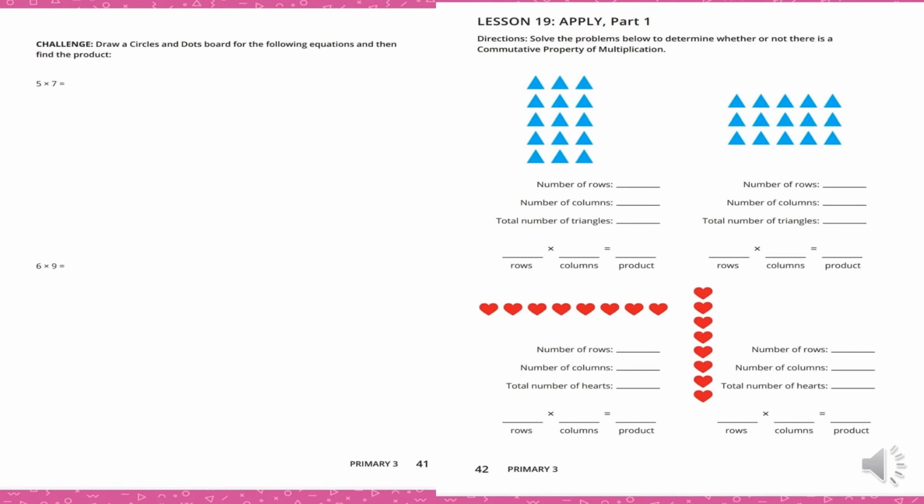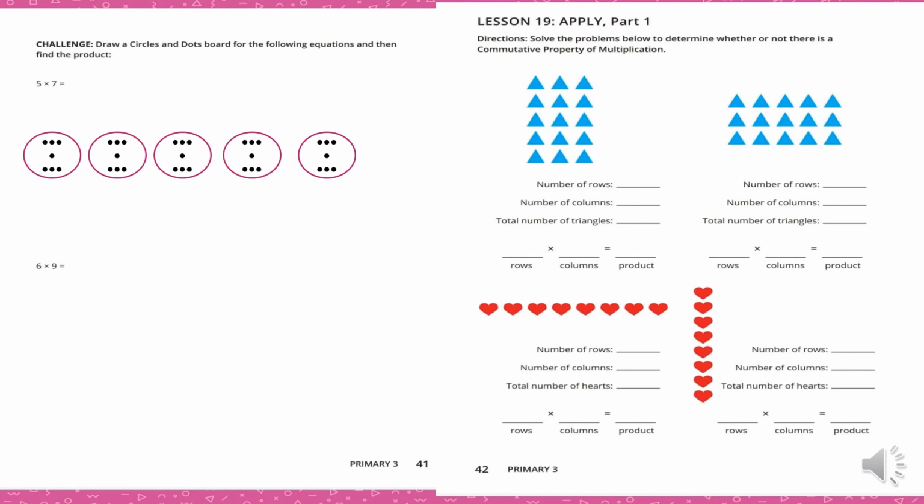Here is the challenge part. Draw a circle and dots board for the following equation. I have here 5 times 7. To draw groups here, I have 5 repeated 7 times, or 7 repeated 5 times.